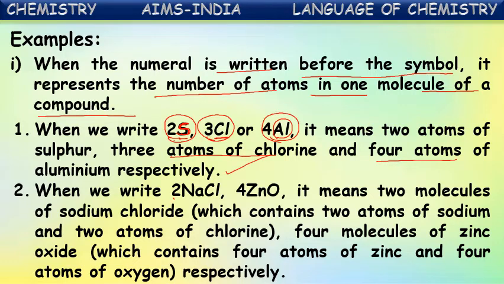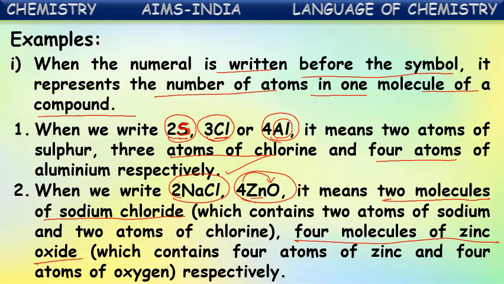When we write 2NaCl, NaCl is a molecule, right? Then the 2 we wrote before NaCl represents 2 molecules of sodium chloride, and 4ZnO: ZnO means zinc oxide. We wrote 4 before it, which means 4 ZnO molecules are present, or 4 molecules of zinc oxide. This 4 belongs to zinc as well as to oxygen.